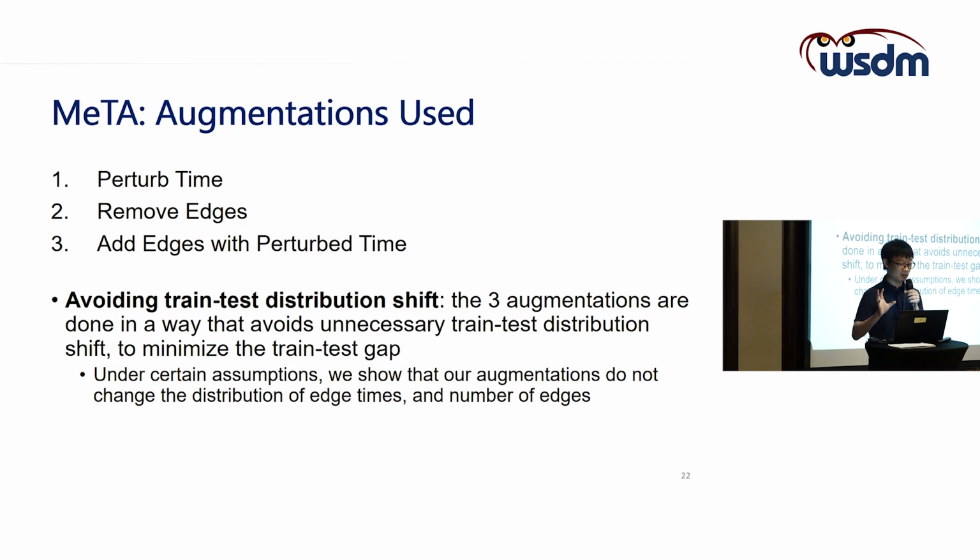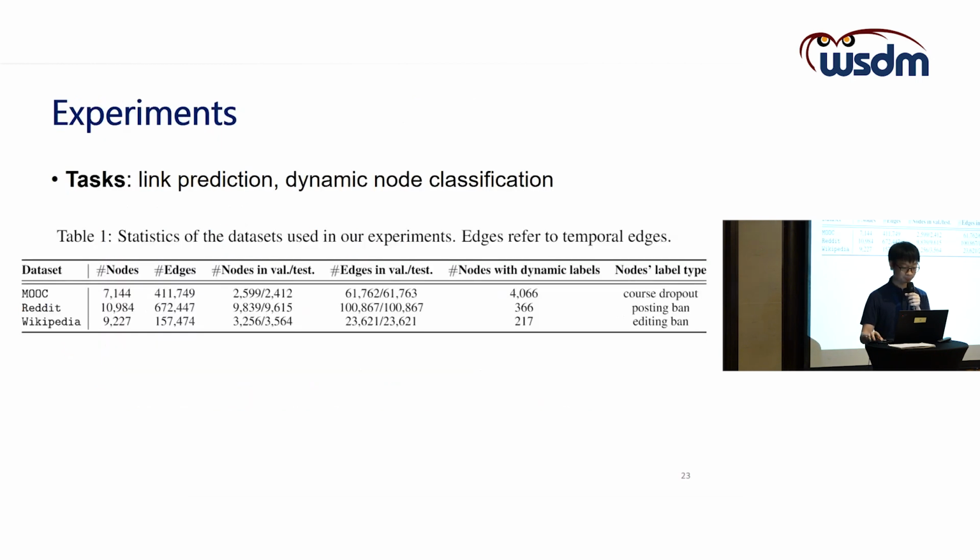So we would like to do the augmentations in a way that minimizes the distribution shift between training and test time. To do that, we try not to change the distribution of edge times, and also try not to change the number of edges. In the paper, we discuss how we achieve these things.